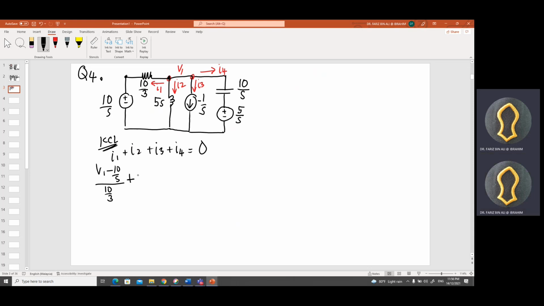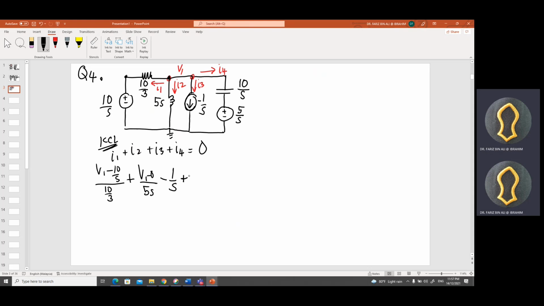My I2, what is my I2? I2 is V1 minus the reference here, which is 0. V1 minus 0 over 5S. Ohm's law. Plus I3. I3 is the current source, which is minus 1 over S, as you can see from the shape here.